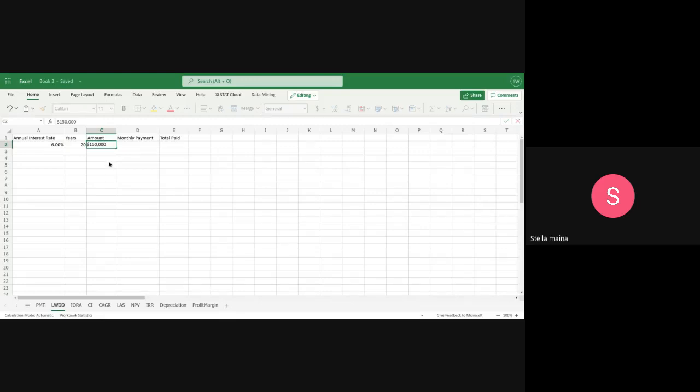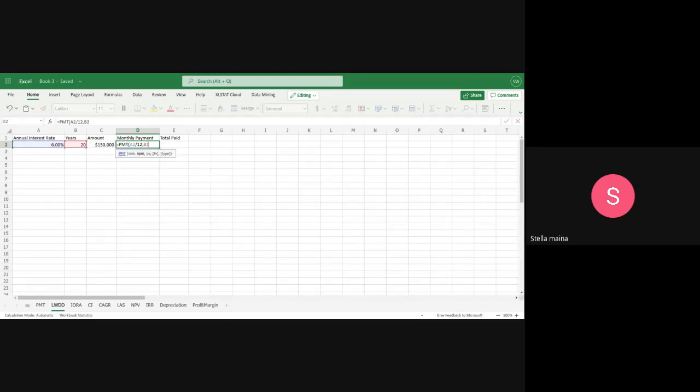So we want to find out the monthly payment. This is something that we have been doing using the PMT, so that's just direct. Remember, it is monthly, so of course our annual interest rate shall be divided by 12. So A2 shall be divided by 12, and then we'll have the years multiplied by 12.